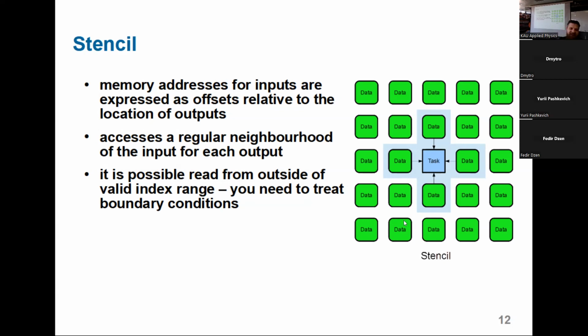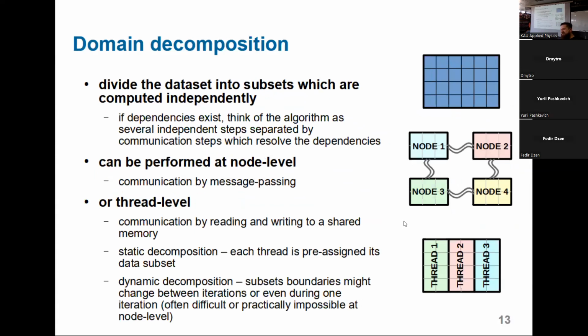Okay, so finally, domain decomposition. I talked about it a lot because in physics, this is again something extremely common. And not just in physics, image processing is also a very good example of something where you can apply domain decomposition.